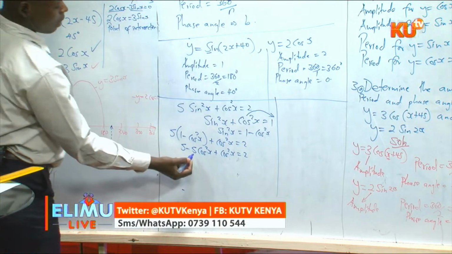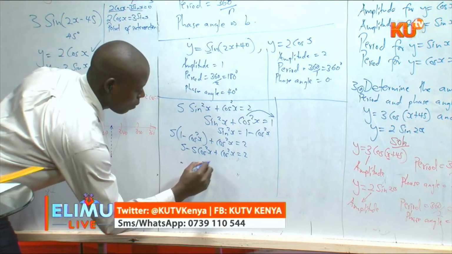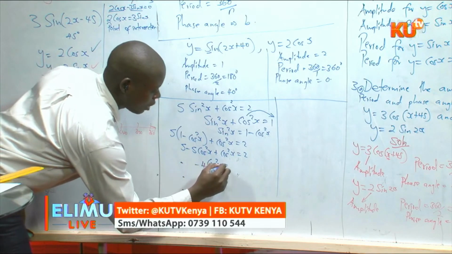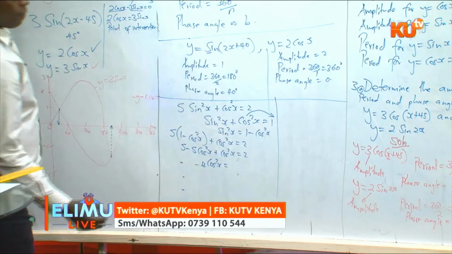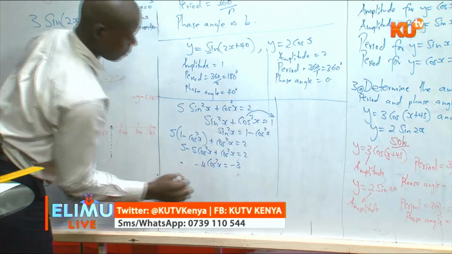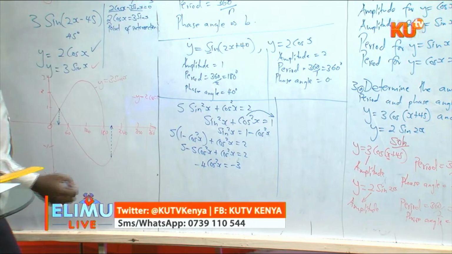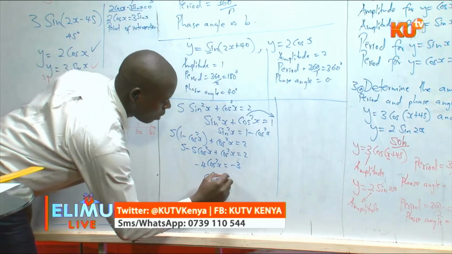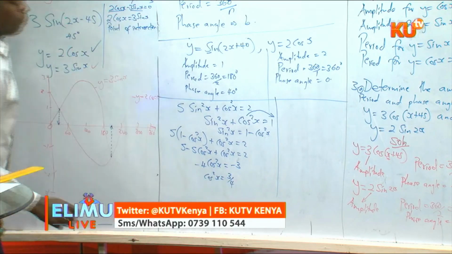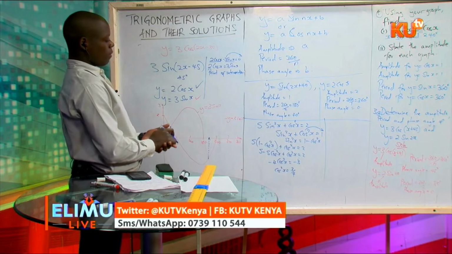So this is minus 5 plus 1, that is minus 4 cos squared x is equal to, to the right-hand side, 2 less 5, which is negative 3. Then divide by negative 4, so that you have cos squared x is equal to 3 over 4.